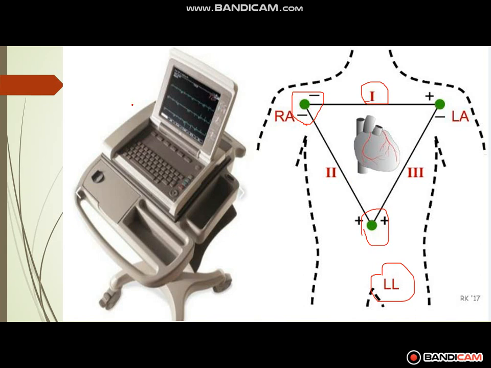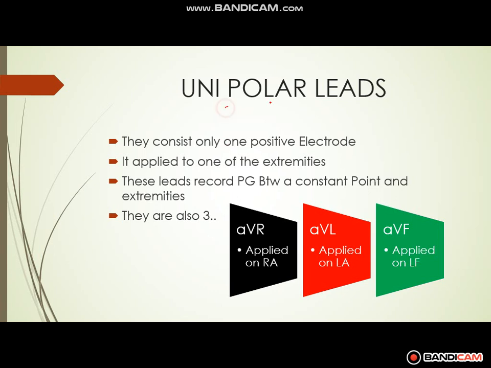In lead 3, if the positive is in the left leg, the negative will be in the left arm. In lead 2, if the positive is in the left leg, the negative will be in the right arm. Also you can see the ECG machine, which is movable and records ECG from the patient.